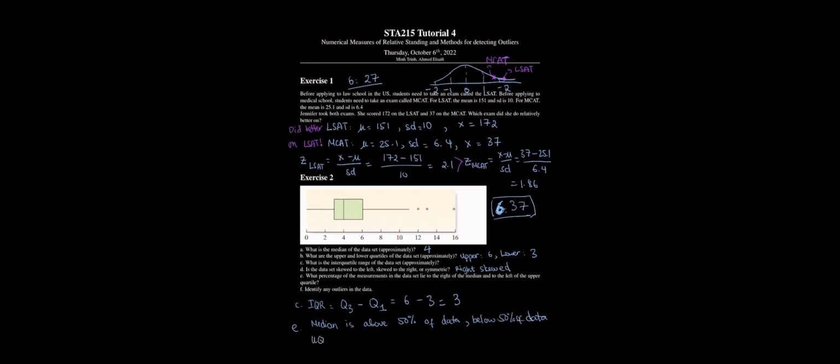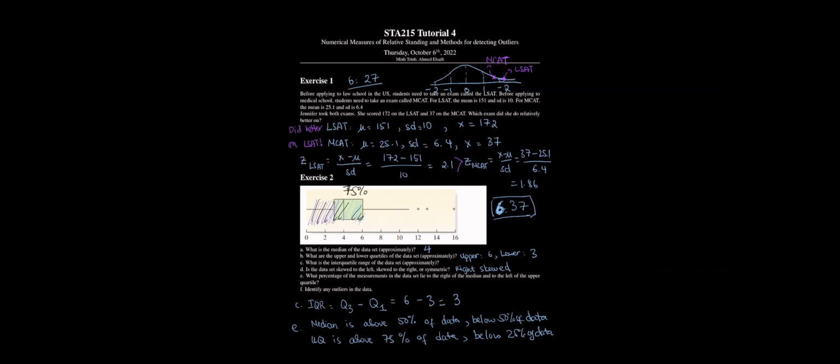And then the upper quartile is above 75% of the data and is below 25% of the data. So here you can see that this part is 75% of the data. Sorry, this part is 75%. And the median is above 50%, but it is also below 50%.